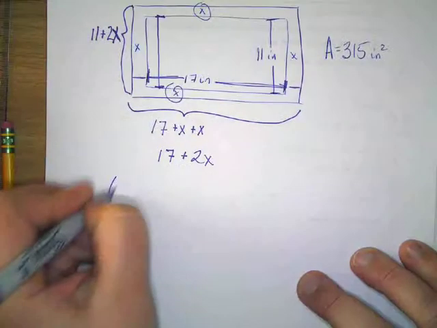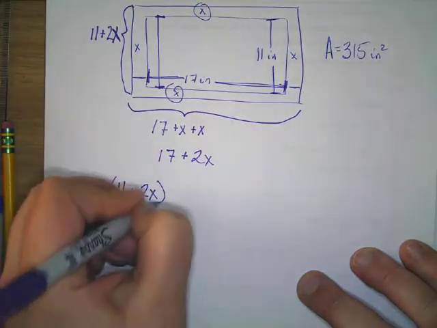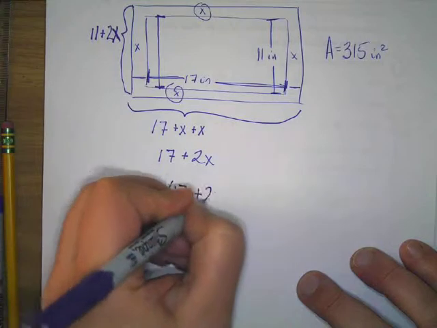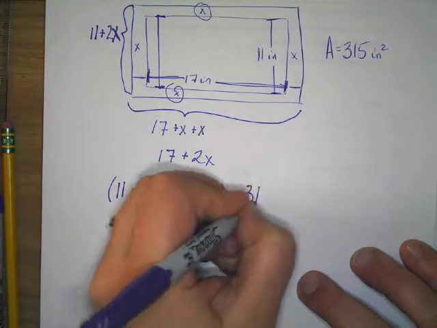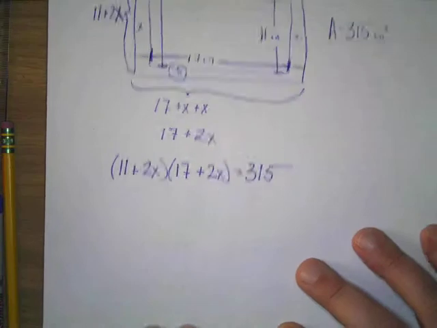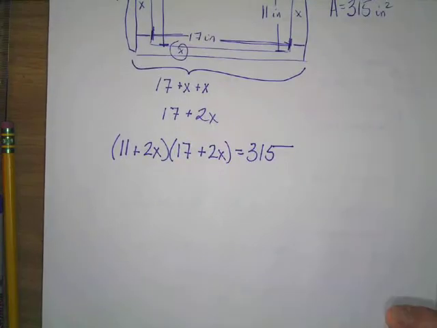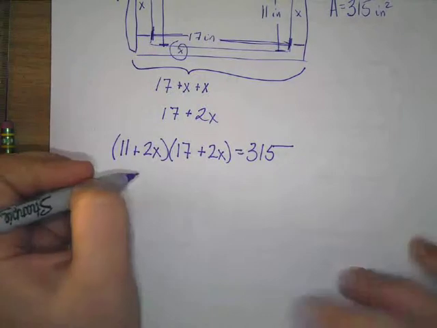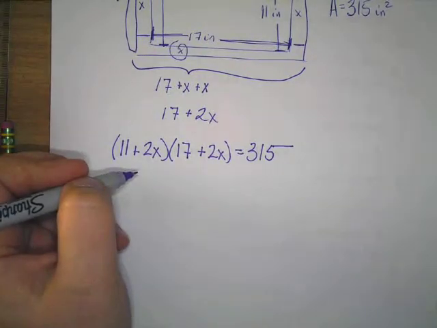Multiplying. So right now I know that this times this should equal 315. Is that okay? So in order to solve this, I really need it to equal what? 0. So we need to distribute this out and then move the 315 over.